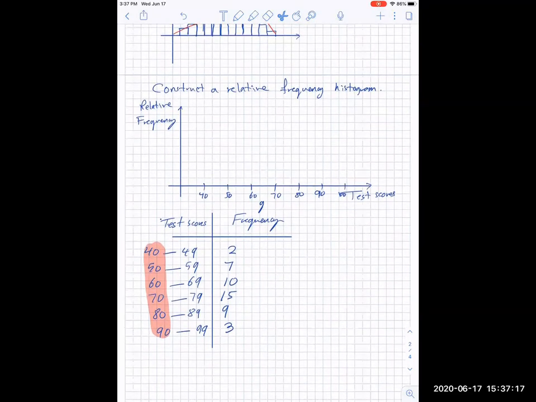I'm going to now add another column. I'm gonna put here relative frequency.